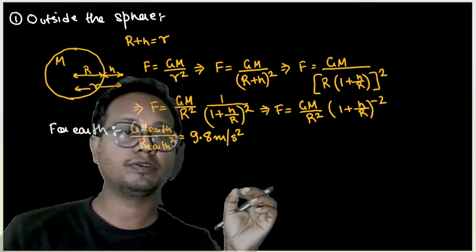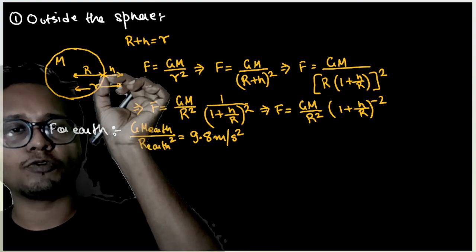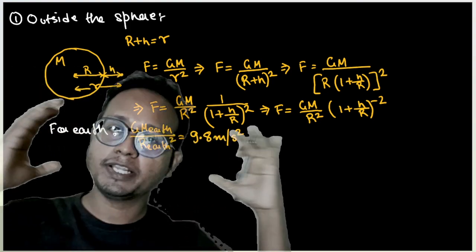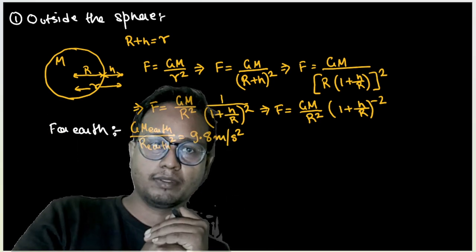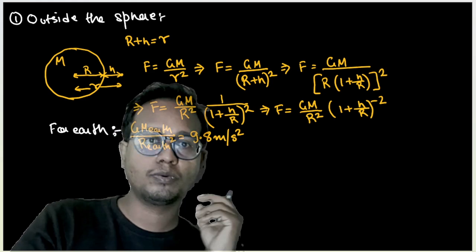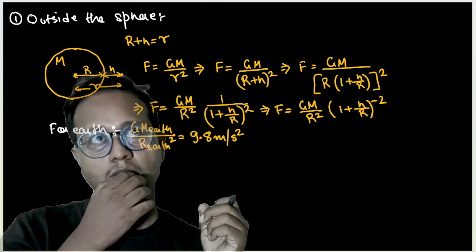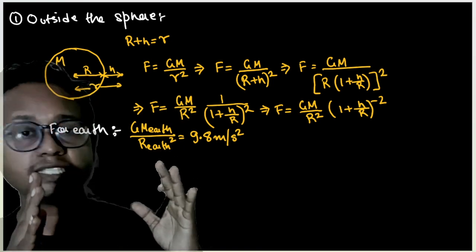Now the second point that I will discuss is, sometimes, if the value of h is very small. See, the planets are very big. The radius of the Earth is around 6,400 kilometers, that means it is the distance from here to Russia, or from here to Japan. So the radius of Earth is very big.